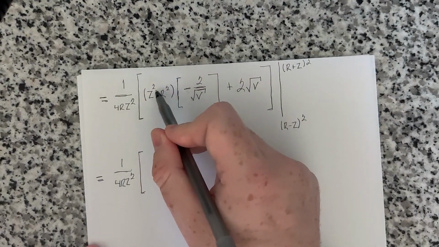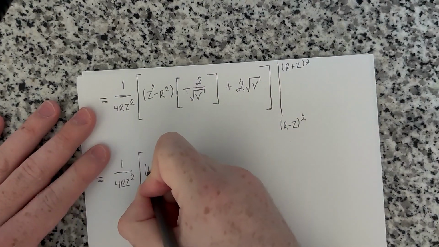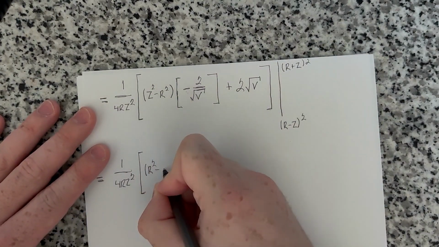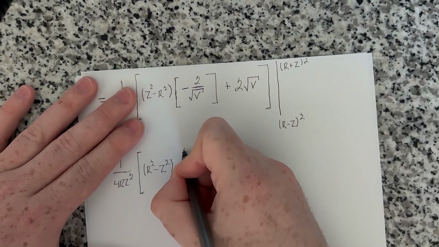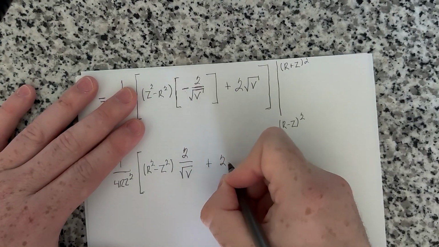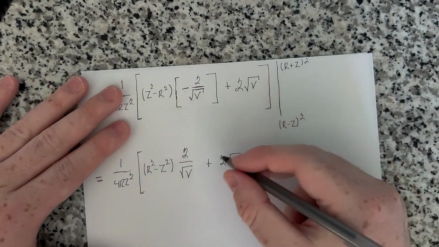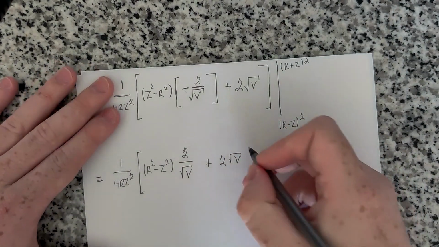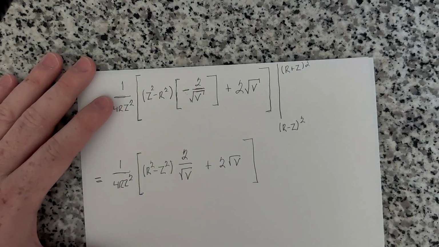So this term is just going to flip direction before we evaluate. So r squared minus z squared is what this term becomes. That way this just becomes 2 over the square root of v, and we have plus 2 square root of v. We have a 2 in each term, so we can actually pull a 2 out of each term.